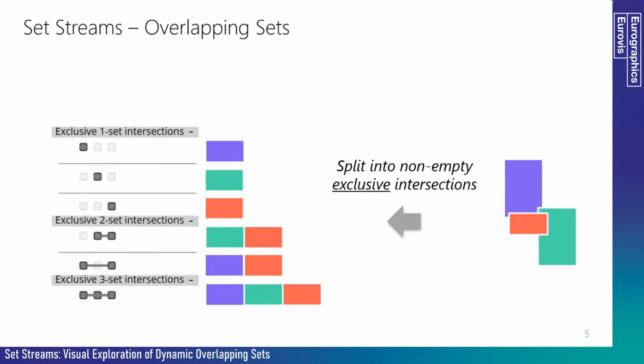These exclusive intersections are organized as rows and form the basis of the visualization layout of SAC Streams. The specific encoding, marked boxes representing the sets, is inspired from UpSet, a tabular visualization approach for static sets.